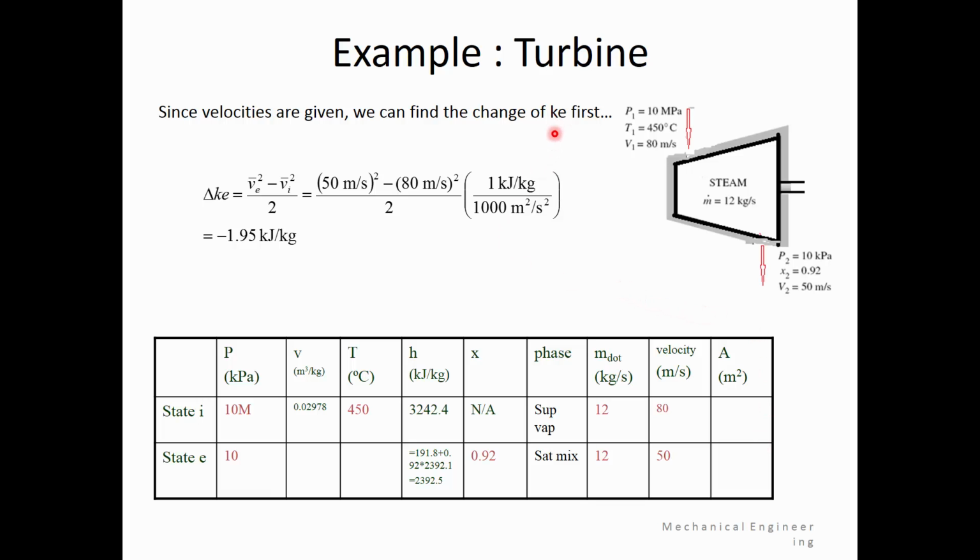From the given velocities, we can also determine the change in kinetic energy. Since the unit we want is kilojoule per kilogram, the change in kinetic energy is defined as the velocity squared first, then the difference, and then divided by 2.